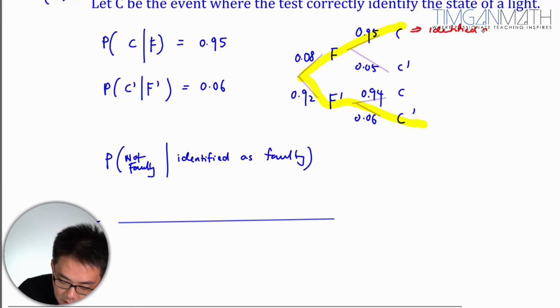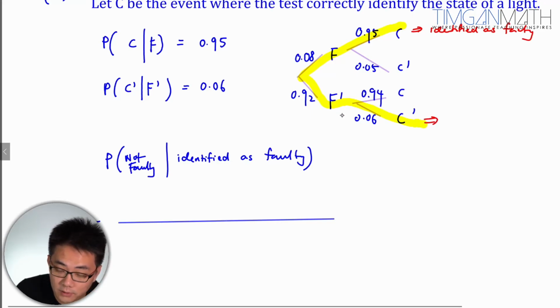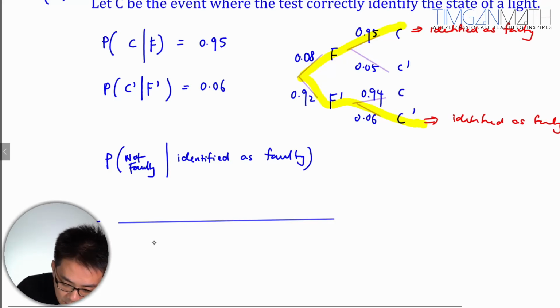Interpreting it is the tough part, I think. So this would be 0.08 times 0.95 plus 0.92 times 0.06.